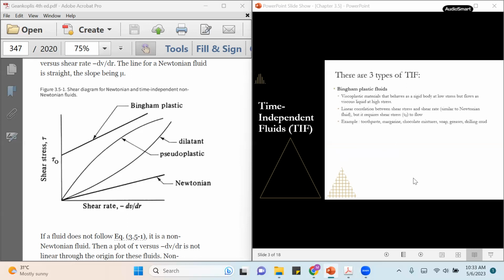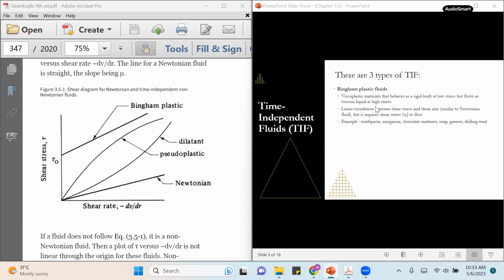There are three types of TIF. First is Bingham plastic fluid. It is a viscoplastic material, a fluid that behaves as a rigid body at low stress, but flows as a viscous liquid at high stress. So when there is no stress, it behaves like a solid.